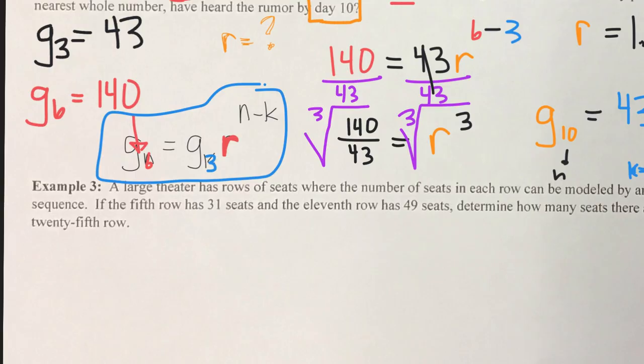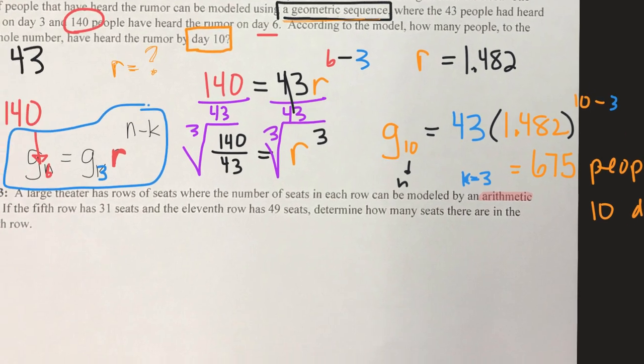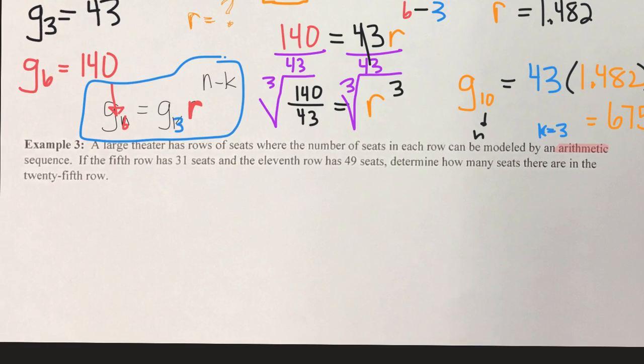Okay, now last example. Let's see, there's rows of seats in a theater that can be modeled by an arithmetic sequence. So this is telling us exactly what equation we should use, which is good because we don't have to guess. Guessing is never good in a math class. It says the fifth row has 31 seats, so that's A sub 5.